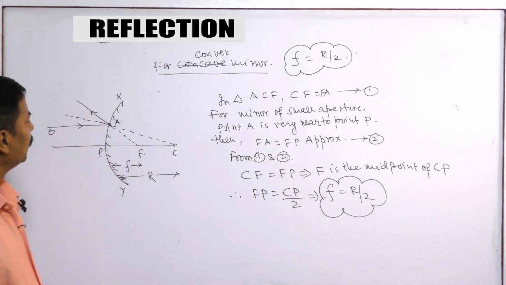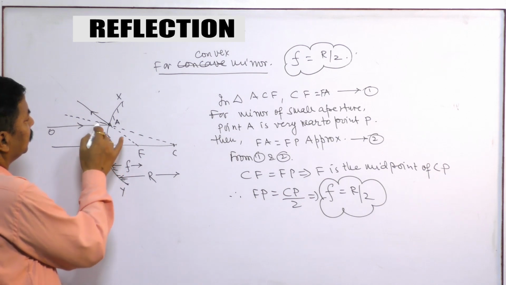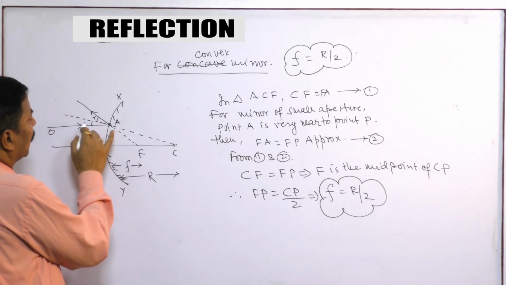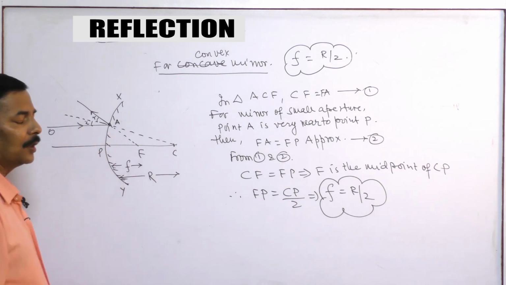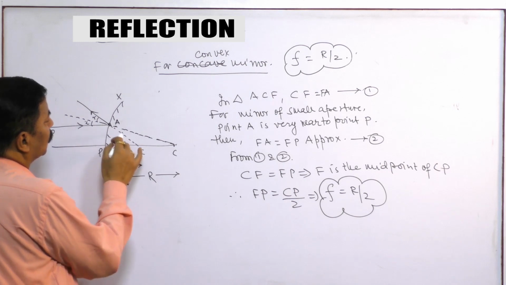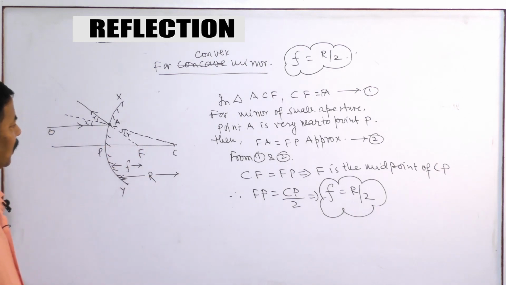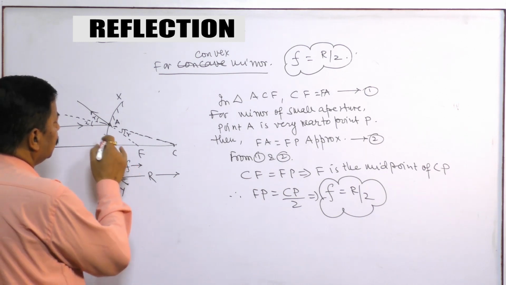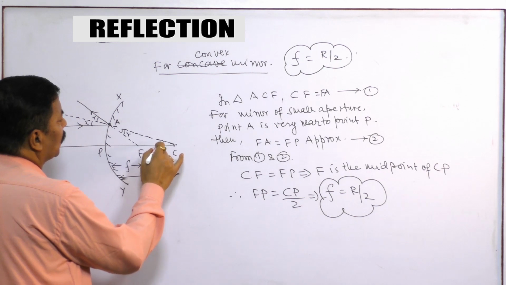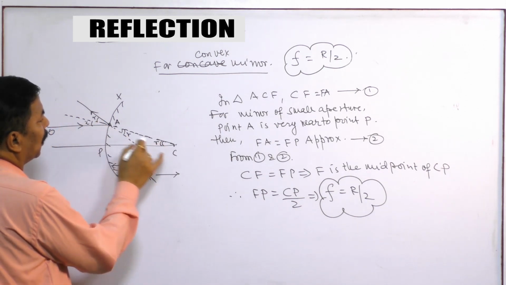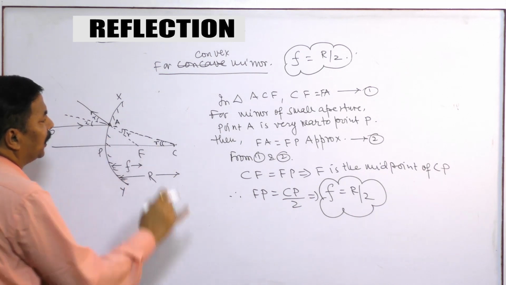In this situation, this angle, if we take it as r, and this angle is i, which is equal because this is normal, this will be behaving as the normal. So this angle is also r. Why? Vertically opposite angle. And this angle is also r, because i is equal to r. This is the corresponding angle.